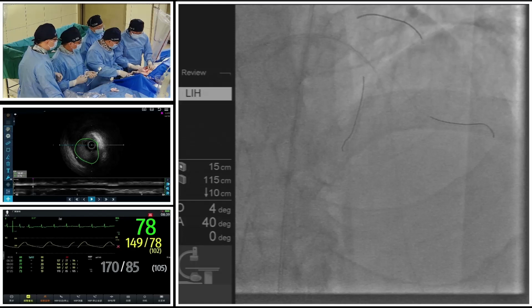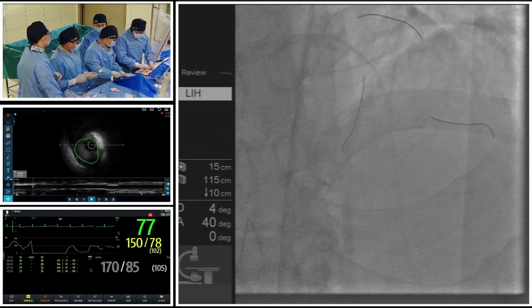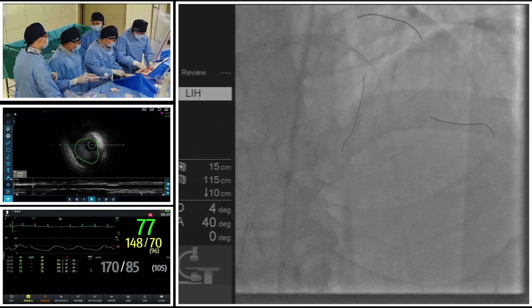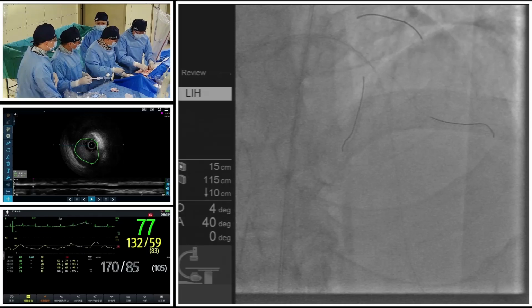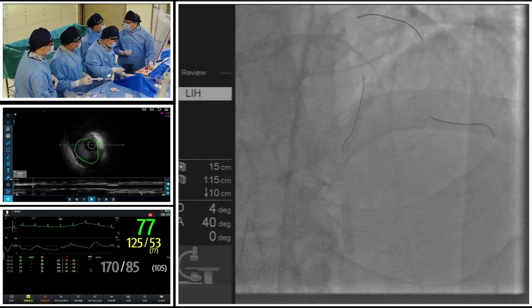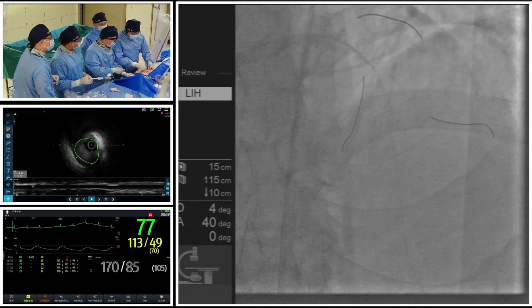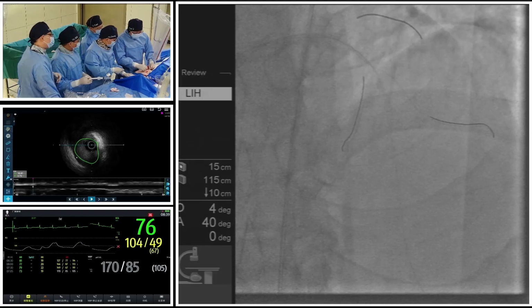Okay. And there is a question from the audience. He wonders whether this 3D AI system is going to be a key information factor for the future complex PCI procedure. I think so. Yes. Our team invented the system. I think it's very useful.